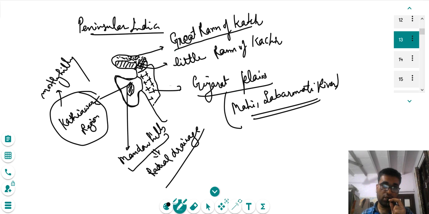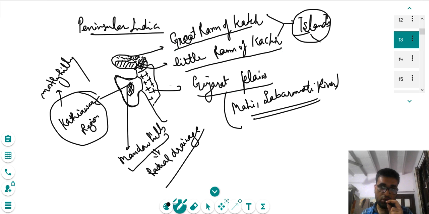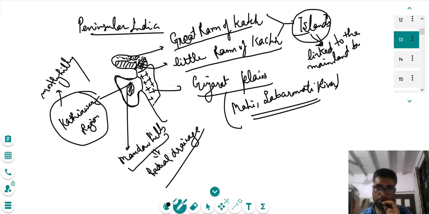And this Great Rann of Kutch and Little Rann of Kutch, they were earlier islands which were joined, or linked to the mainland by deposition of sediments, right?